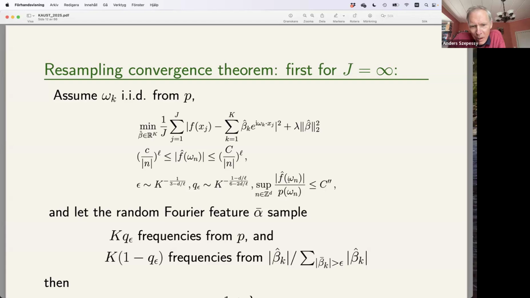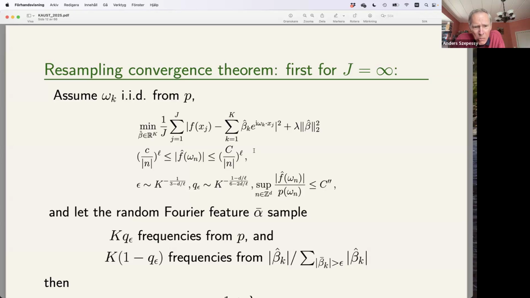So we assume that it samples basically all frequencies. That is an assumption, but the constant can be big here. We have an initial density p that has this quotient bounded, so that all frequencies that we need will be sampled.